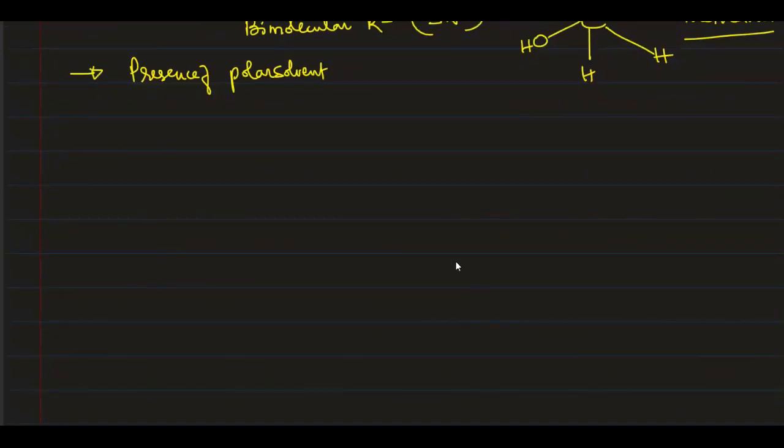Better than polar solvent is actually non-polar solvent, because the intermediate involved is the transition state. Non-polar or polar aprotic, basically aprotic solvent is needed. Even if it is polar, it's okay, but aprotic solvent is needed.